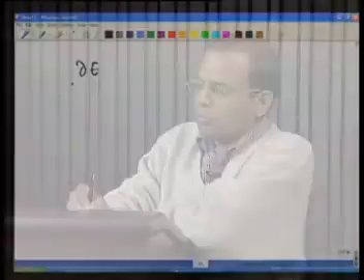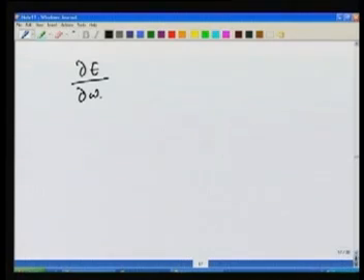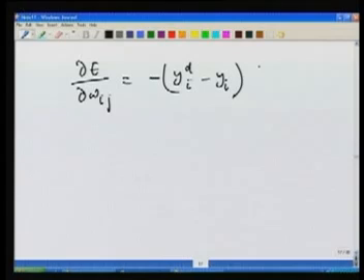So, we have now finally reached this solution, that is del E by del w I j is minus y d I minus y I into del y I upon del w I j, which was the equation number 2.